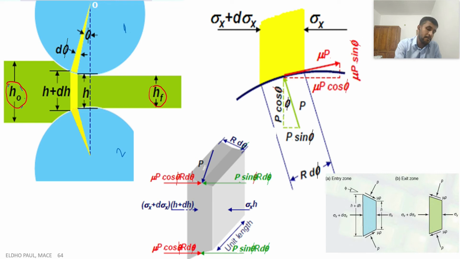We take a workpiece with a uniform width of 1 unit. We take the workpiece with unit width. That is also an important assumption in this analysis. So here I take a very small element.